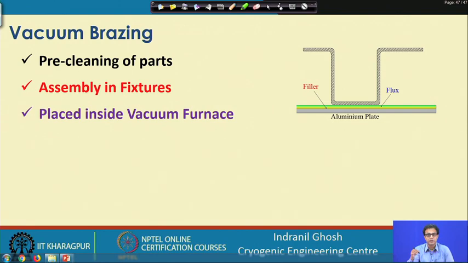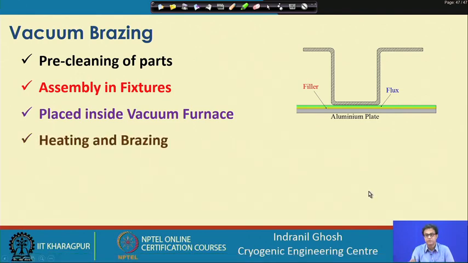To ensure that there is no oxygen, we create a vacuum, or sometimes we put an inert gas in the system, so that there is no oxygen to create aluminum oxide layers.